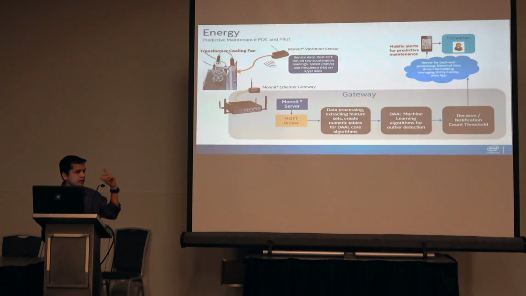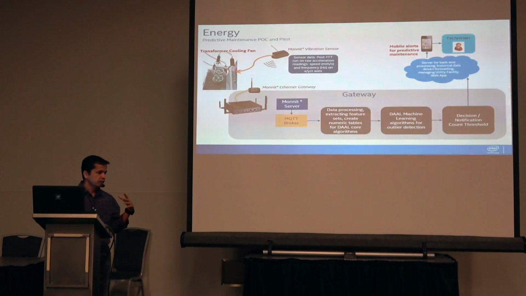As you can see, the sensor is on the fan, and we are using sensors to capture the acceleration data, which actually does post FFT data. It sends speed and frequency on all three axes, and over RF frequency, it sends to the hub. And from the hub, we are capturing the data and sending it to the MQTT broker that's running on a gateway. The gateway is an Intel gateway.